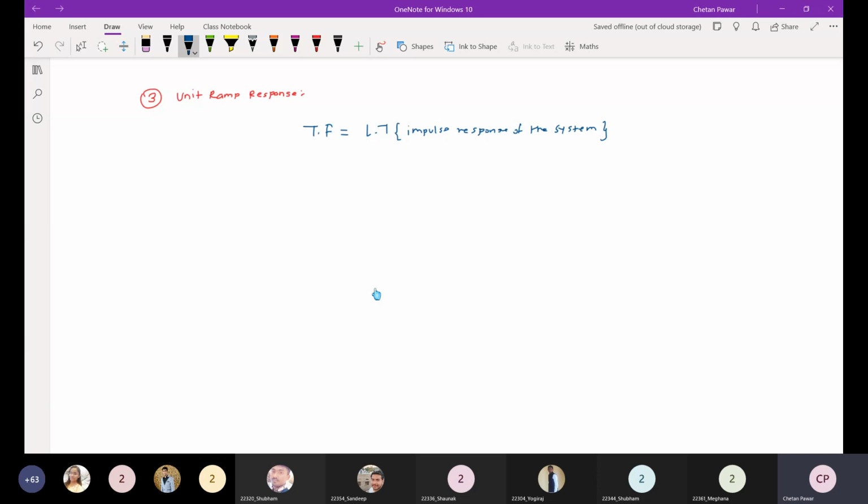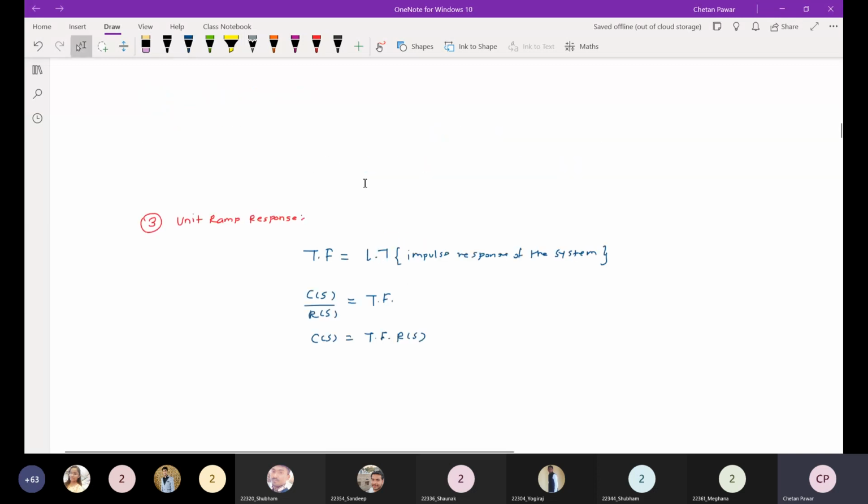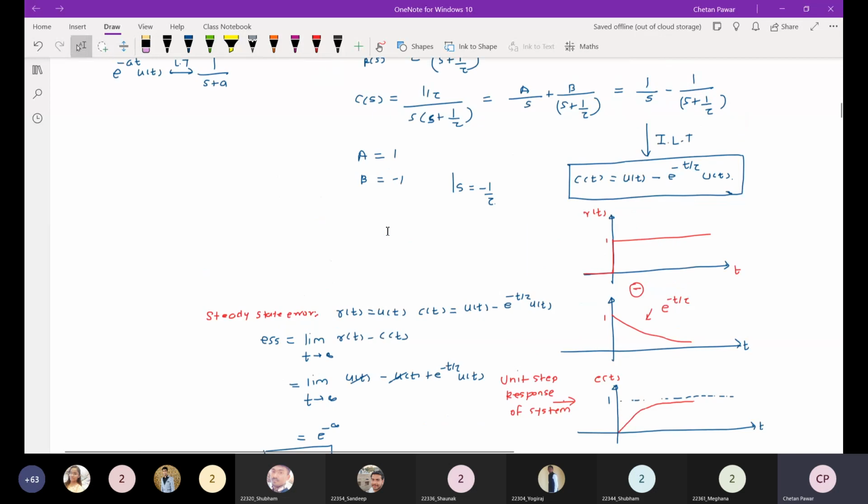When you have C of s upon R of s, the transfer function, for any input, if you want to calculate C of s, you just need to multiply the transfer function with R of s. So what is C of s upon R of s in our case? It is this.